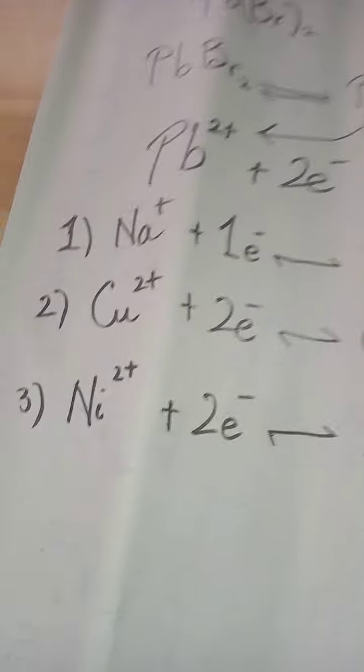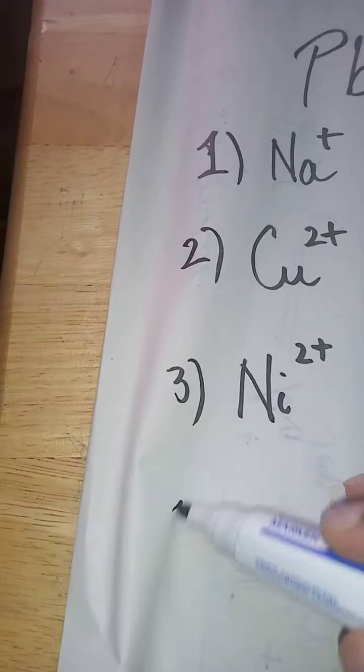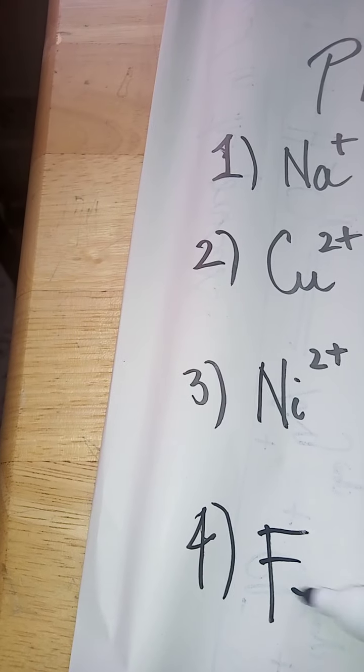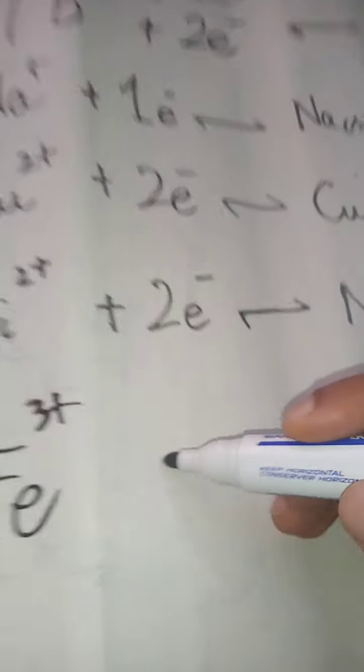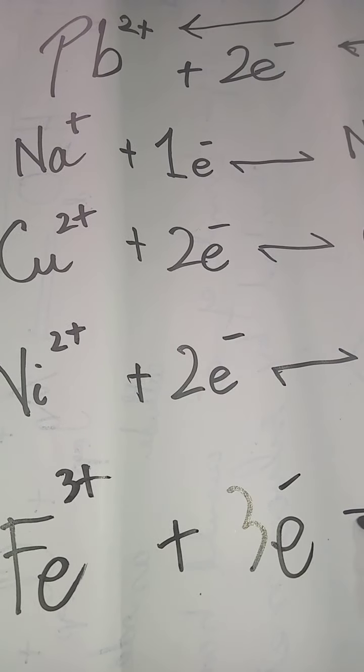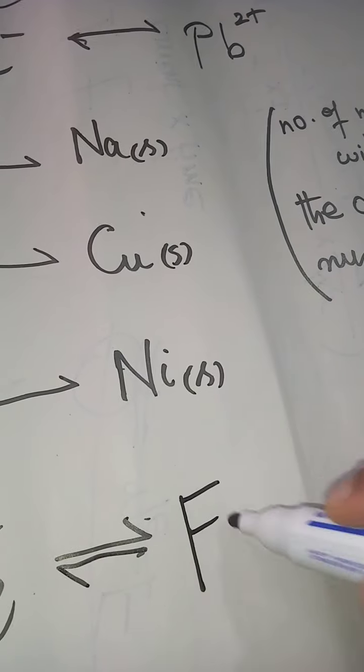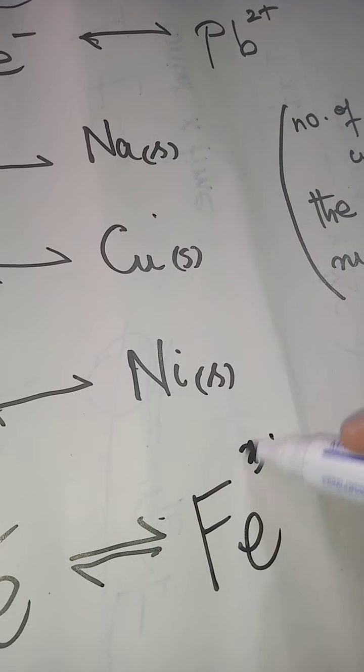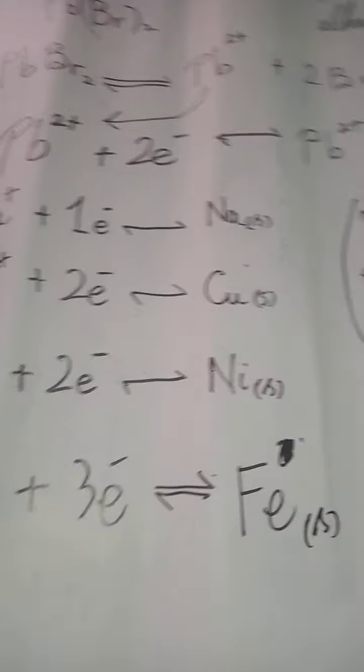And then if we come on to a trivalent atom, it'll require 3 moles of electrons to become a solid.